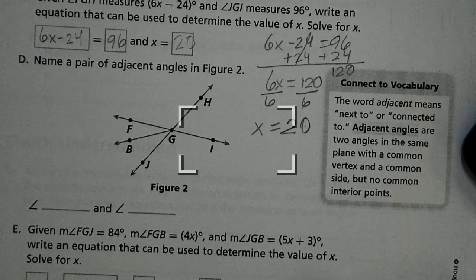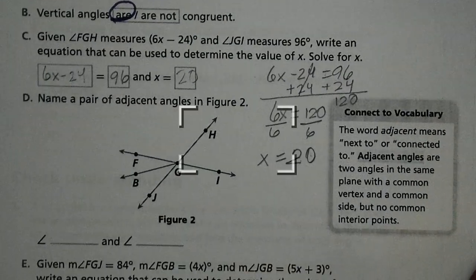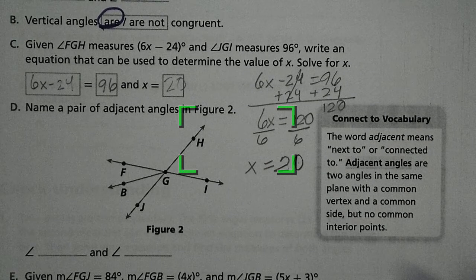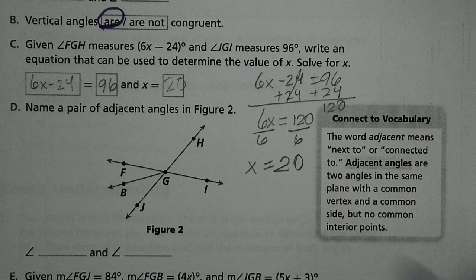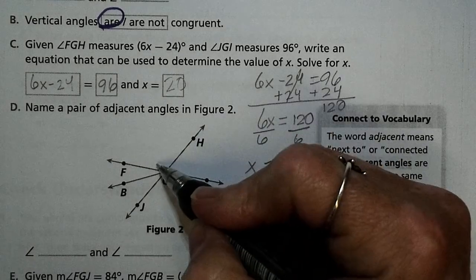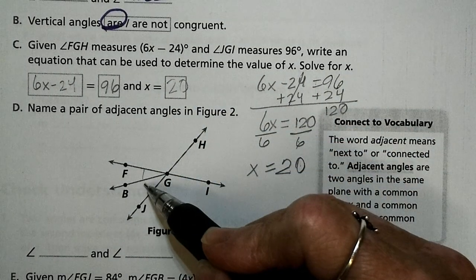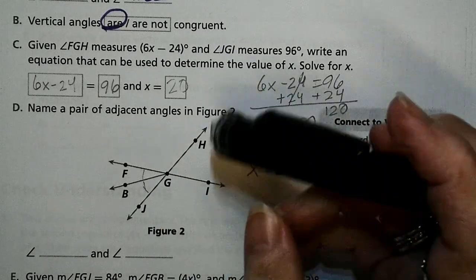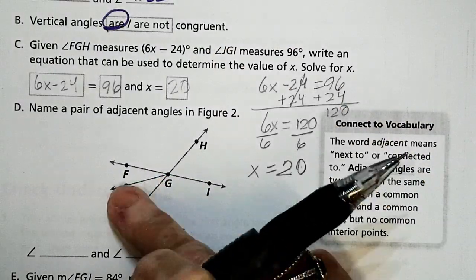All right. So adjacent angles: the word adjacent means next to or connected to. Like this angle and this angle are what we call adjacent angles because they share a side.